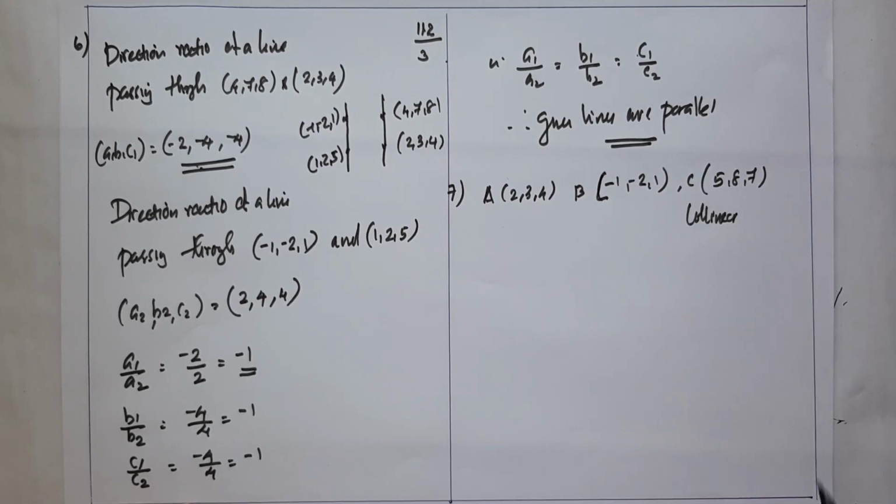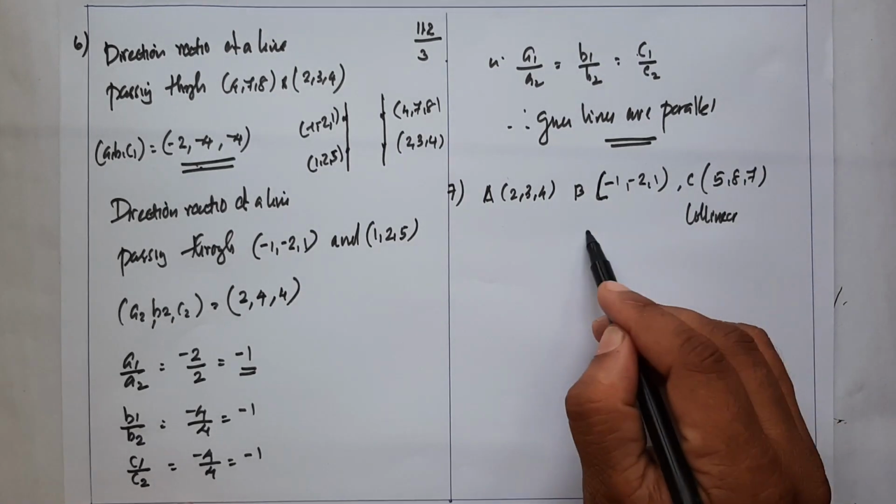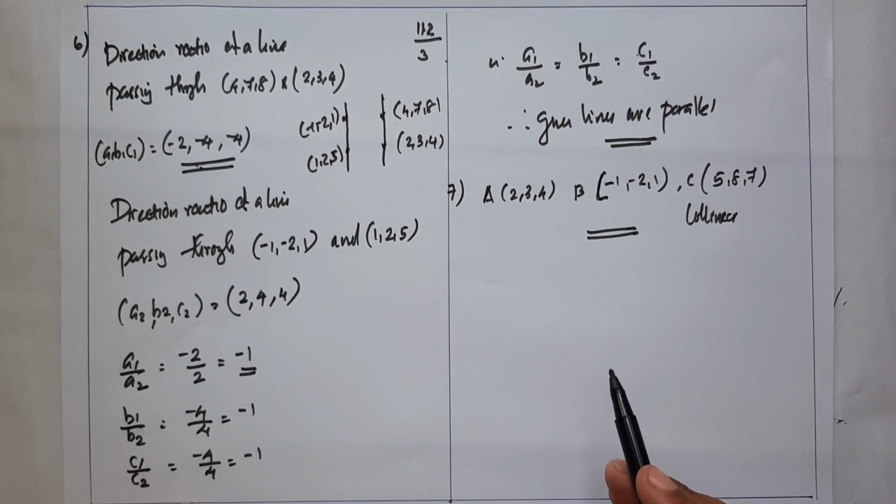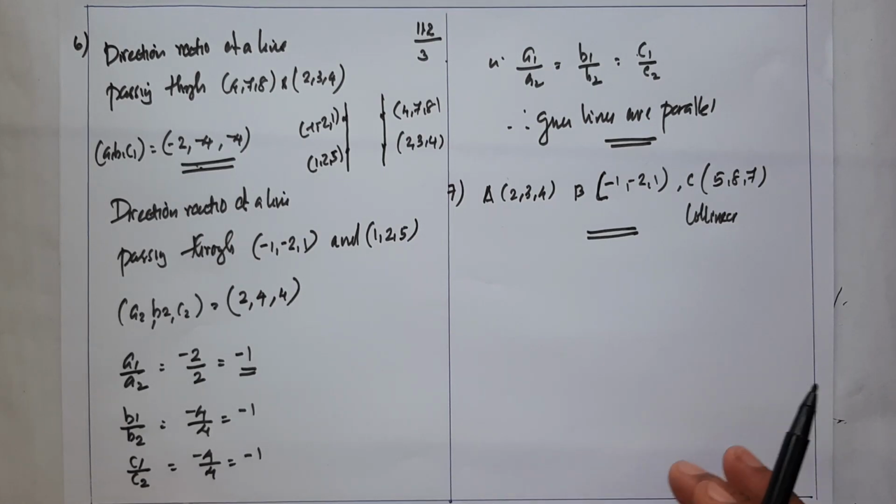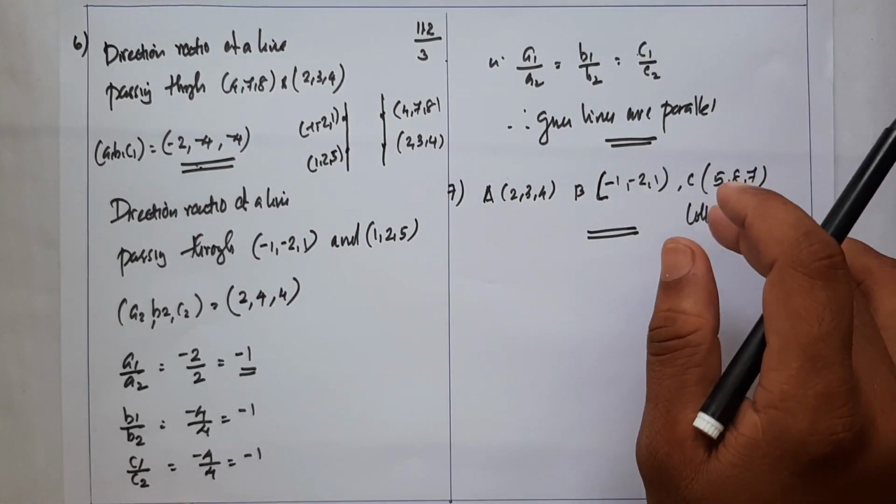For proving these three points are collinear using direction ratio, the concept is easy.